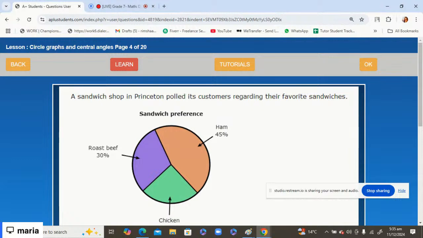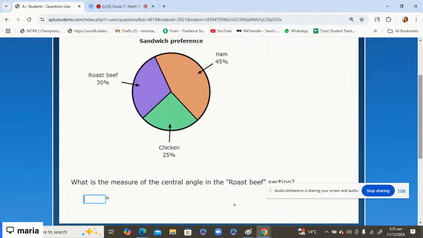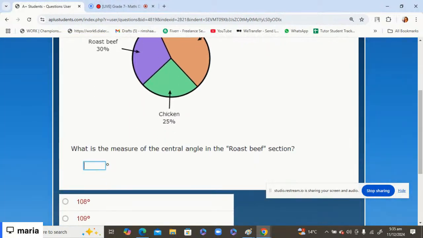Okay, the next one: a sandwich shop in Princeton polled its customers regarding their favorite sandwiches. Roast beef 30%, ham 45%, and chicken 25%. What is the measure of the central angle in the roast beef section? Roast beef is 30% only.